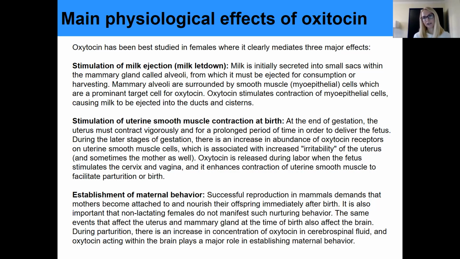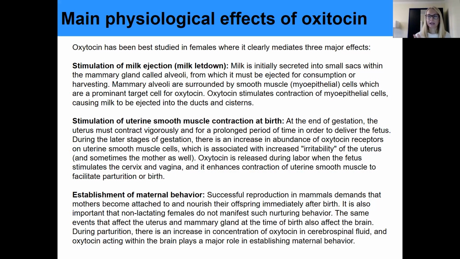Milk is initially secreted into small sacs within the mammary gland called alveoli, from which it must be ejected for consumption or harvesting. Mammary alveoli are surrounded by smooth muscle cells, which are prominent target cells for oxytocin. Oxytocin stimulates contraction of myoepithelial cells, causing milk to be ejected into the ducts and cisterns.